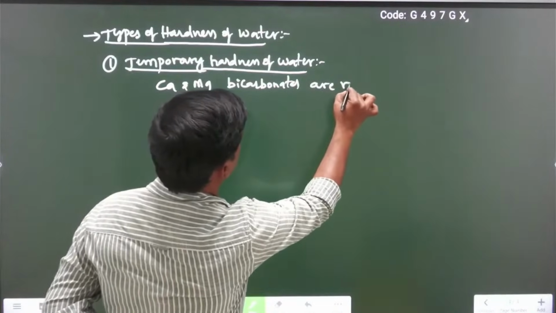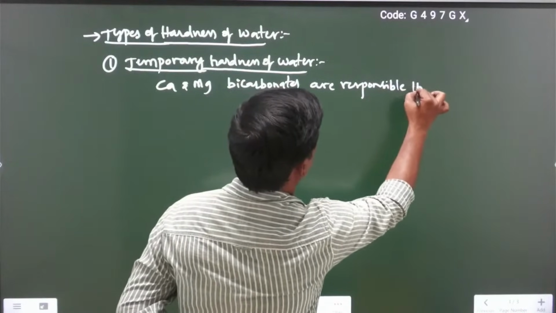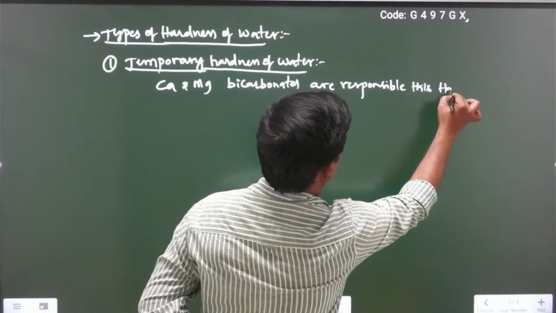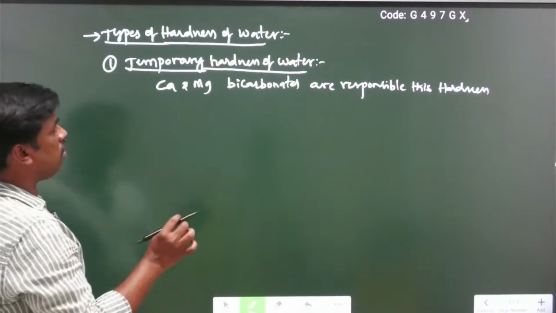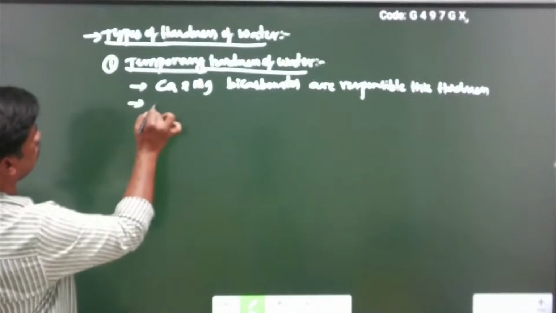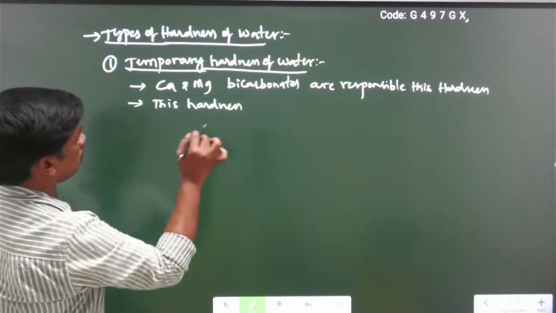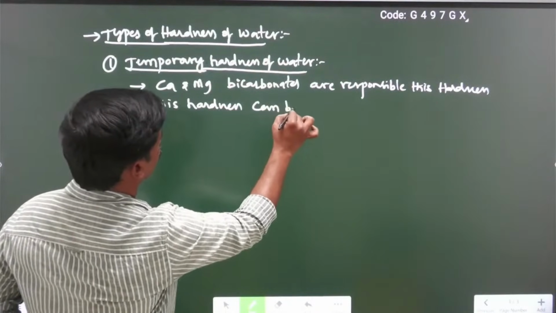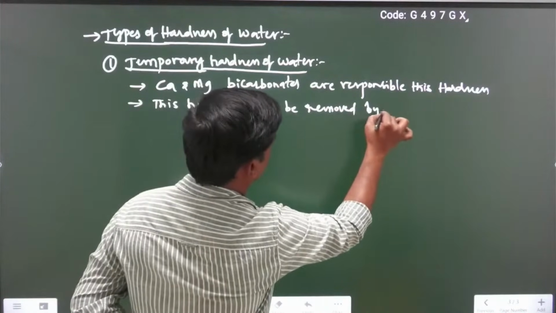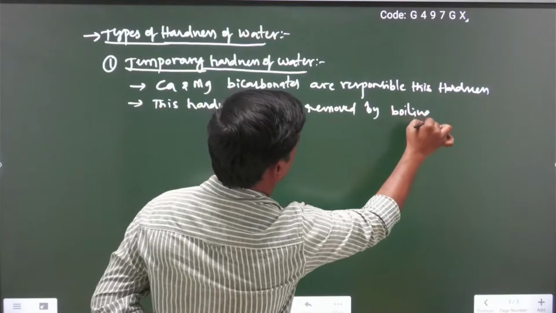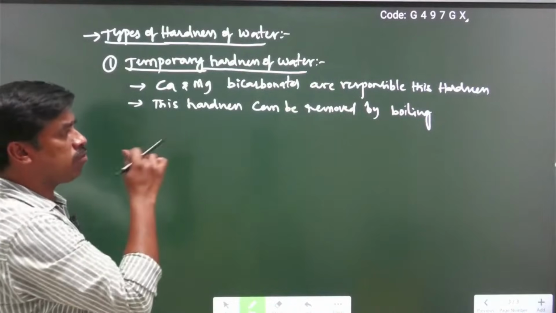Just simply boil the water and it can be removed. This hardness can be removed by boiling.